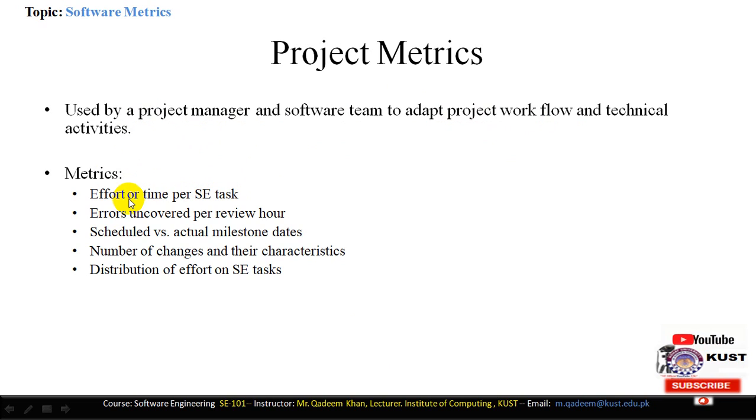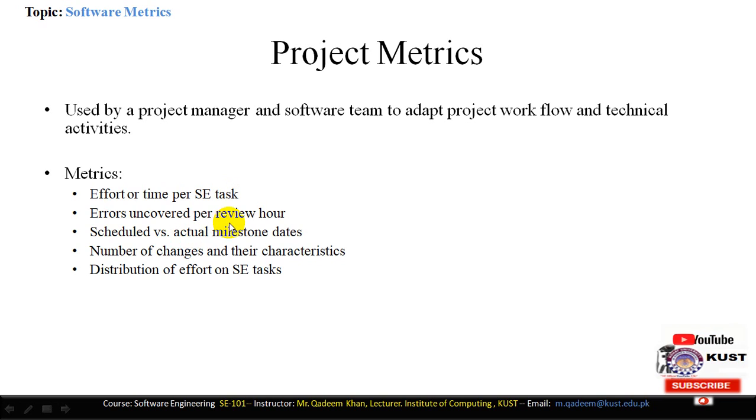So all the effort and time consumed while developing the software engineering task, here meaning the software engineering functionalities. That means all the functionalities of the products that we are going to develop using the software engineering techniques. So here we will measure the effort and time required to complete these activities.